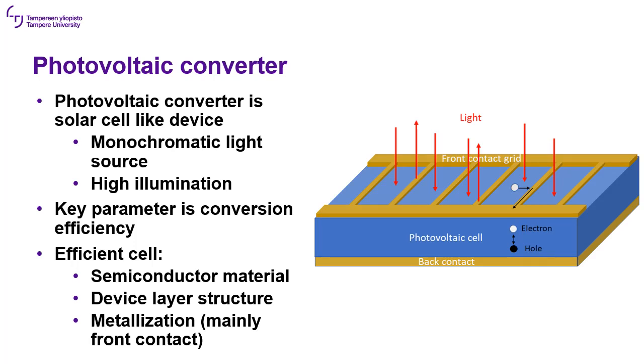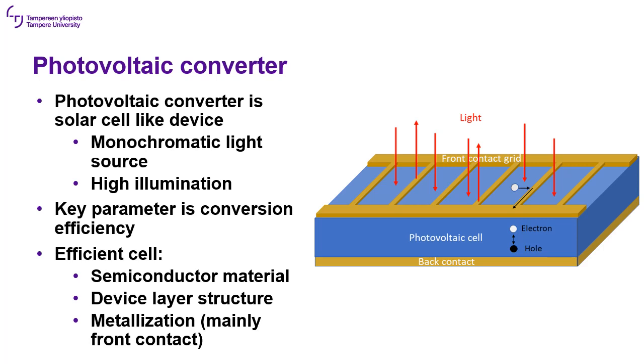A key parameter of such a device is the conversion efficiency. An efficient cell is constructed from an efficient semiconductor material which has to, for example, have efficient absorption of the photons and also efficient charge carrier separation via an internal electric field and so on.